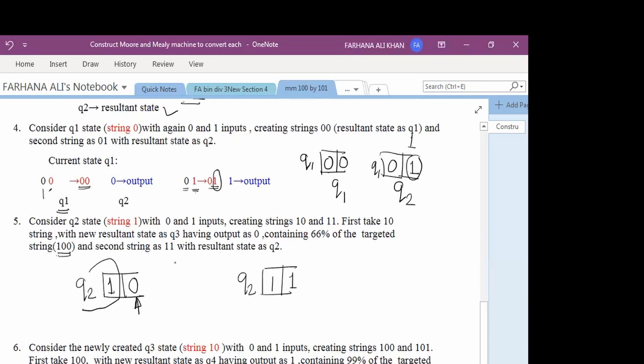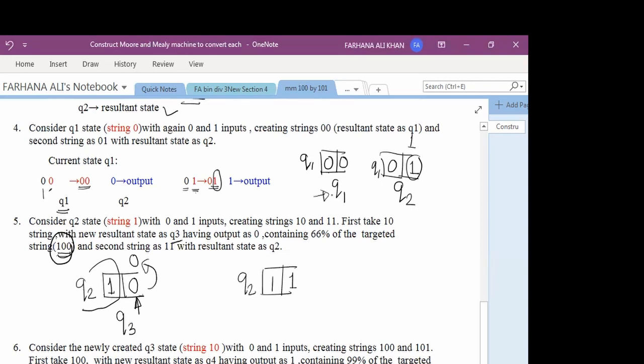Having the next bit as 0, if you compare with the targeted string, it contains 66% of your solution. So out of 100, we are having 10, we can say in short. So it contains 66% of your solution, which is represented by a new state name, Q3. So what will be the output of this bit? The output of this bit will be 0. The question is, if we are having 0 and output is 0, why are we not indicating that by Q1?